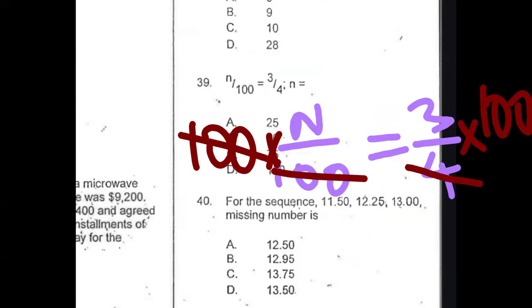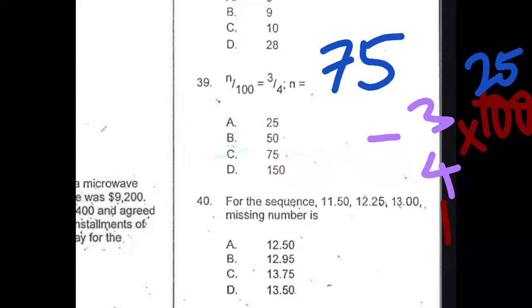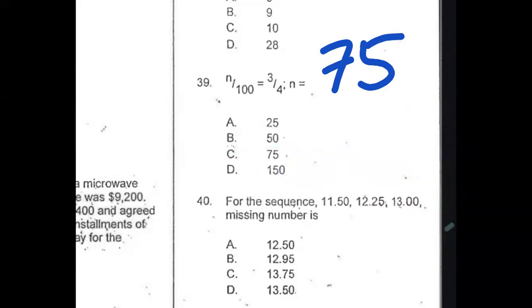You divide this by 4, you get 1. Divide that by 4, you get 25. 25 times 3, you'll get 75. So let's clear the air on that. There we go. 75.